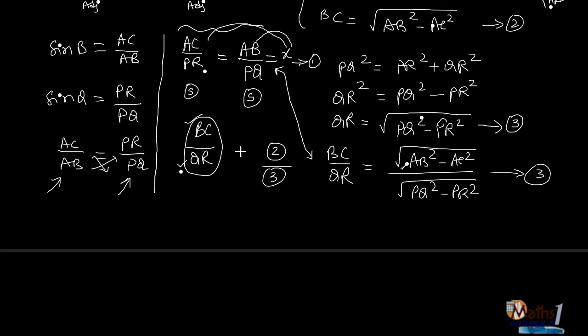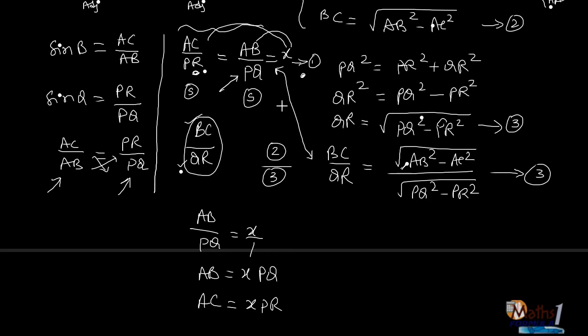Now let's see AB. AB, the ratio involved is this. So AB by PQ is equal to X. AB will be equal to X PQ. Similarly, AC will be equal to X PR by using that and that cross multiplication divided by 1.